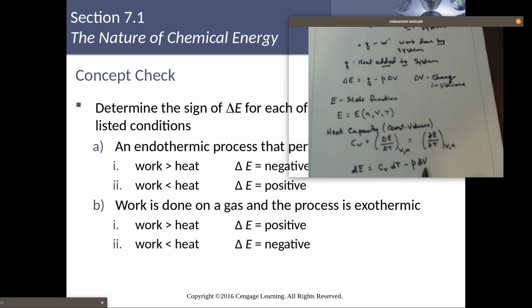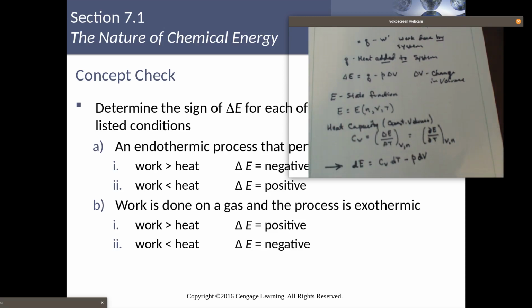Again, these are infinitesimal changes, and you could imagine this as being the delta that I would have if I were to make a very, very small continuous change in the temperature or the volume of the system. And this is the proper statement of the first law of thermodynamics.